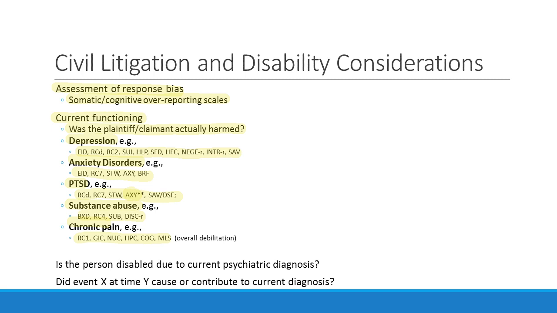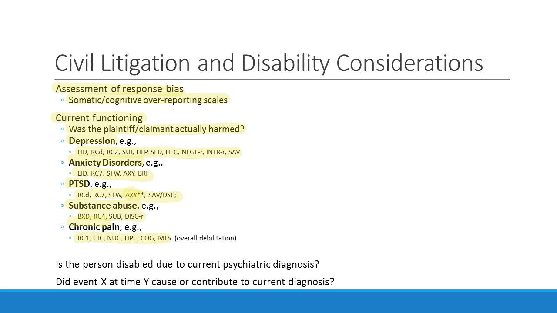Now, another thing that we're oftentimes asked to evaluate is whether or not the person is disabled or impaired due to the current psychiatric diagnosis. While higher scores on MMPI-2-RF scales do indicate greater severity, it is hard to use the MMPI-2-RF alone to make this determination, and of course we need to look at the totality of the person's current circumstances to address that question.